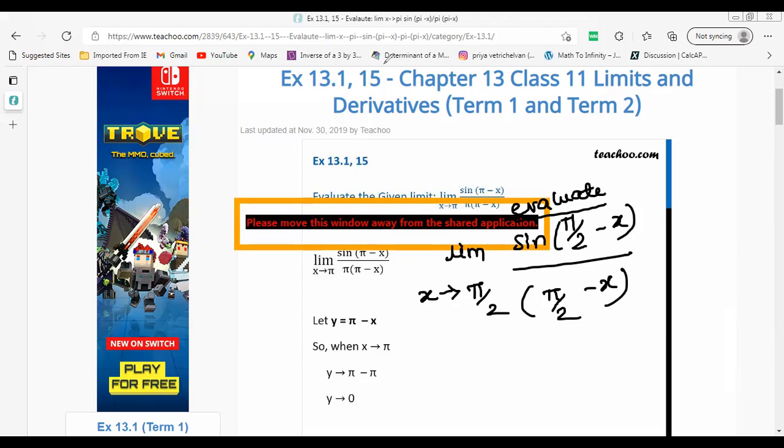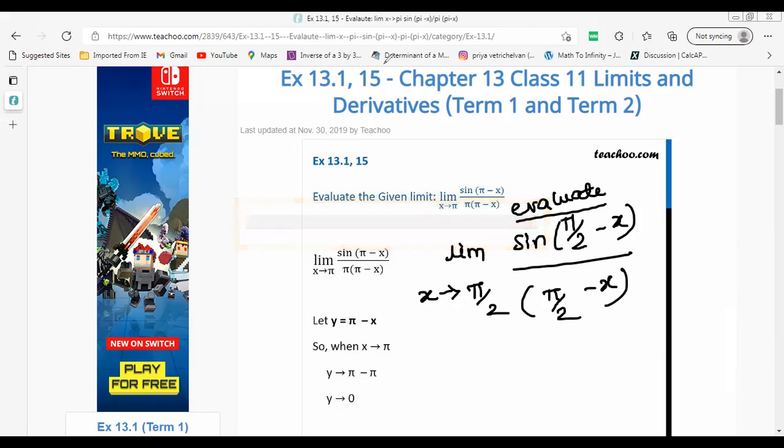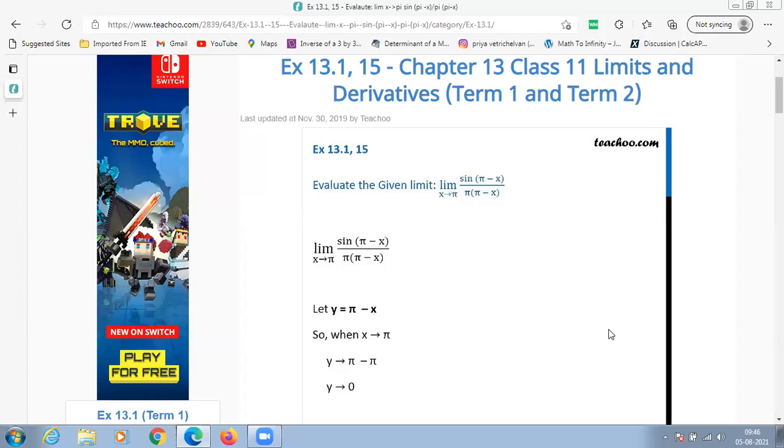Ma'am, is it 1? Yes, Radha, it is 1. And how did you say that? Is it because of the formula, that limit sine x by x identity? Yes, it is.